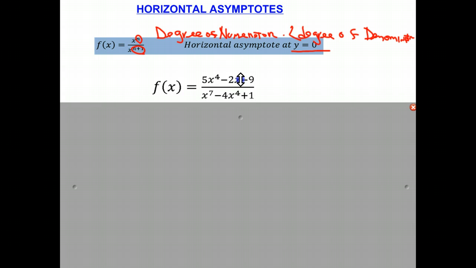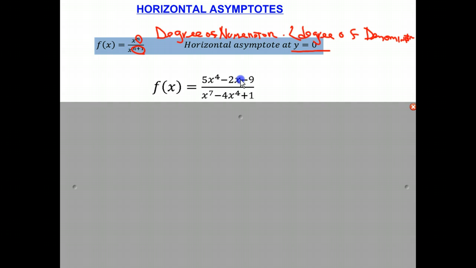It should be that the degree of the numerator is less than the degree of the denominator. Then there's a horizontal asymptote at y equals 0. So let's look at an example of that one, and here it is.